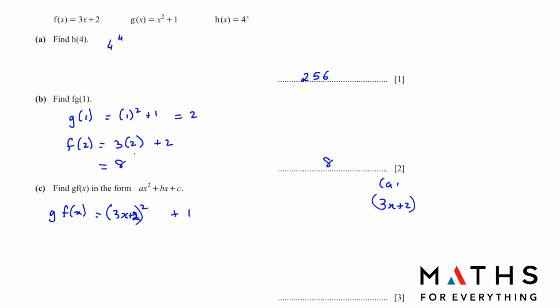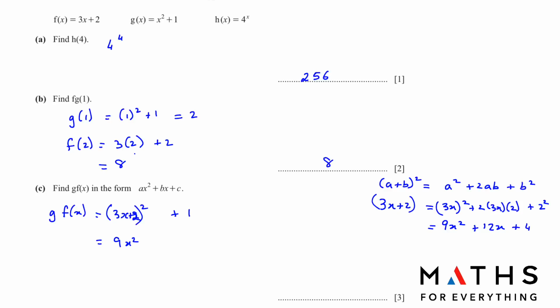Please learn to use the identity a plus b square. You will need it so often till you finish schooling, so better start learning that. What is your a? 3x. And your b is 2. The power 2 is for 3 and x, so you will get 9x squared plus, multiply the numbers 2 multiply by 3 multiply by 2, you will get 12x plus 4.